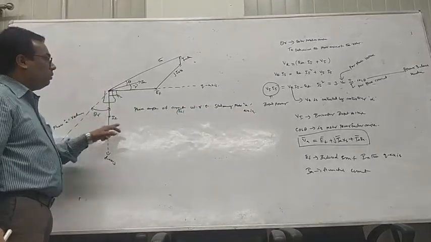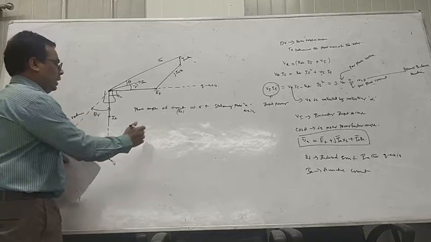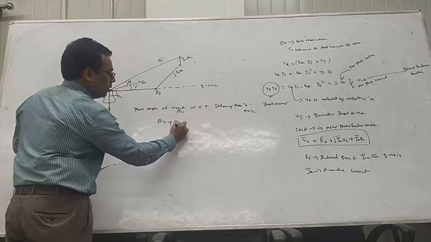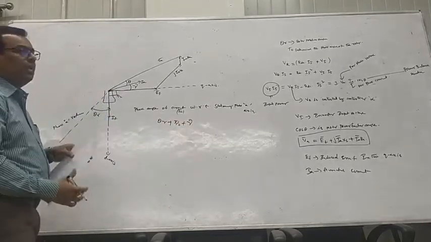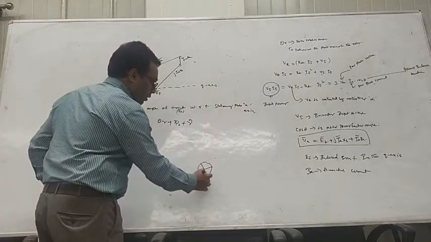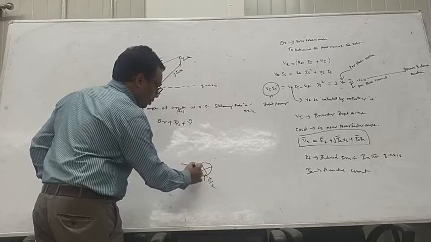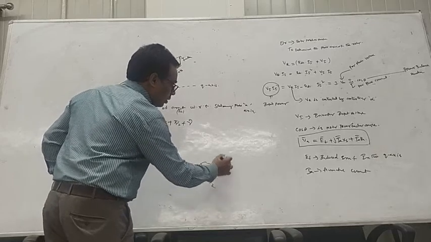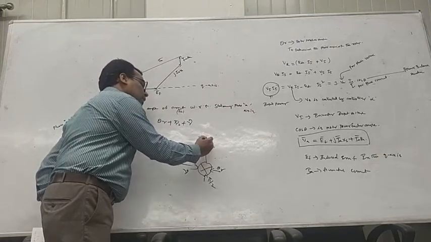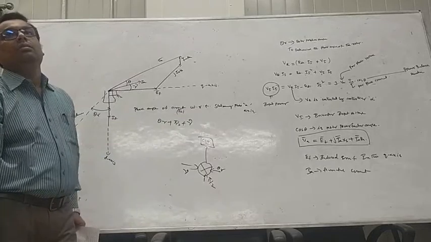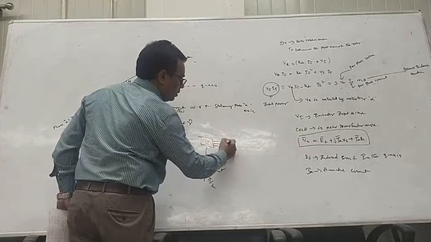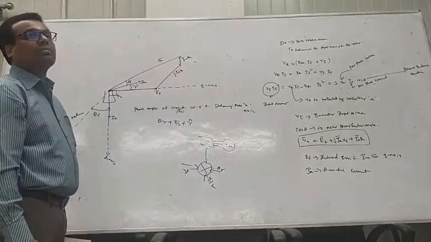It is theta R plus pi by 2 plus gamma. So you add pi by 2, gamma, and the rotor position angle theta R, and this goes to the CSI, the current source inverter, which gives a three-phase current, thereby controlling the synchronous motor.